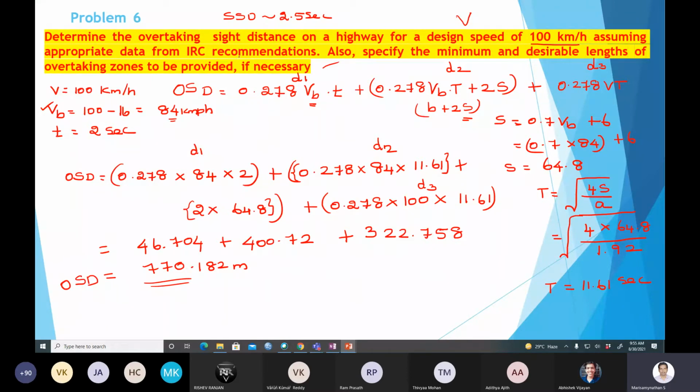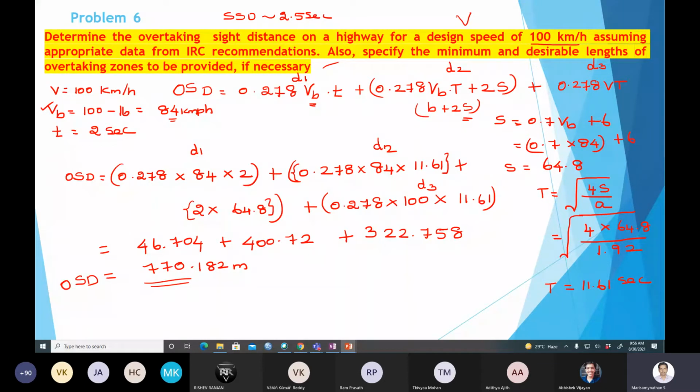At the same time, they have also provided some zones where we assume overtaking sight distance. When we plan to design a highway, we usually provide the stopping sight distance as one of the considerations. Sometimes on some roads we might not get frequent overtaking behavior.